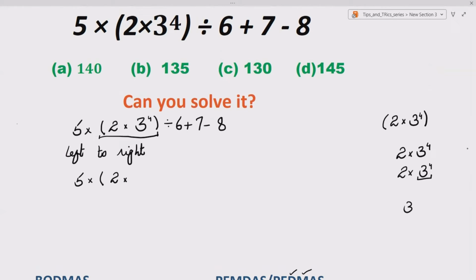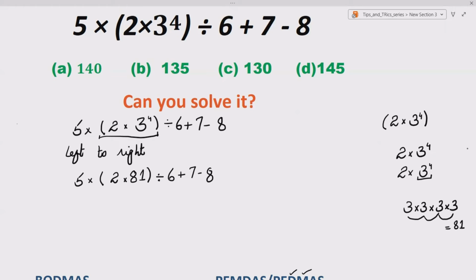Now 3 raised to the power 4 means we multiply 3 four times. So 3 into 3 is 9, 9 into 3 is 27, 27 into 3 gives 81. So 3 raised to the power 4 is 81. We solve the bracket first, and in the bracket we solve the exponent first, like BODMAS or PEMDAS tells us. The divided by 6 plus 7 minus 8 remains.